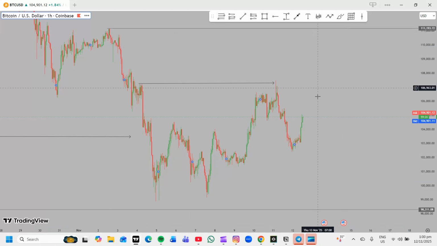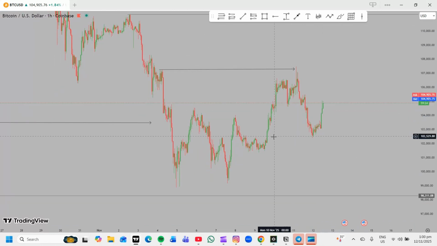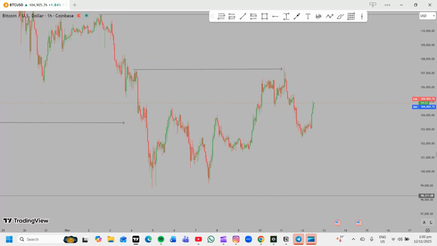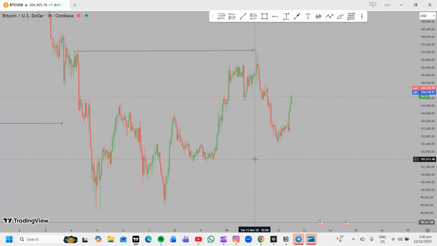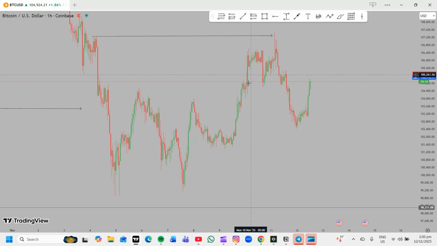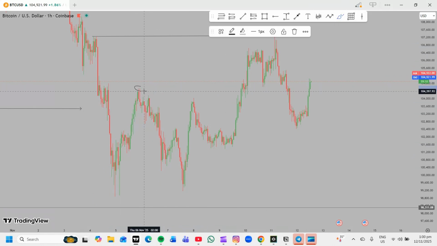We could have waited, but guys, sometimes if you are waiting for too many things, you will miss out on opportunities. So that's when the insurance entry had to come in, because price made this high. Let me just use a marker. Price made this high.